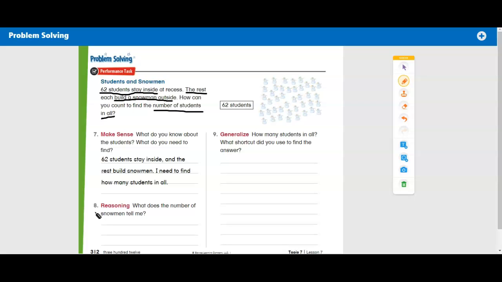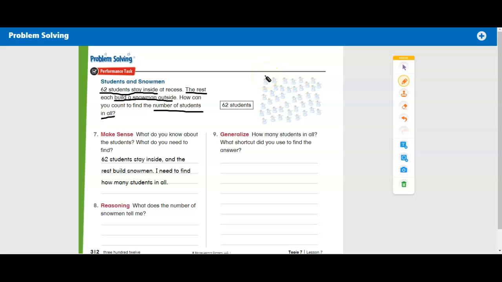Number 8 says reasoning. What does the number of snowmen tell me? We know that 62 students stayed inside. What would the number of snowmen tell me?